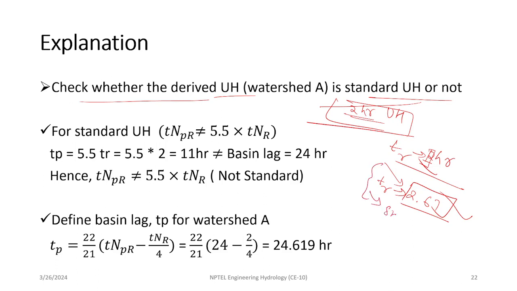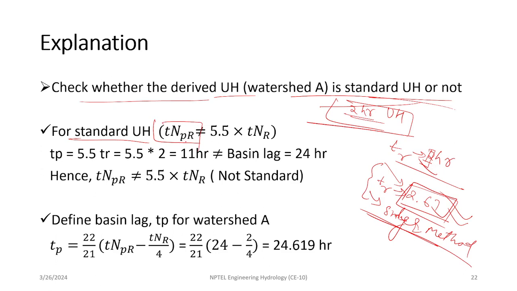This is for the Snyder method I am talking about. So in order to avoid this kind of disparity, we first have to check whether this unit hydrograph is standardized or not. For checking the standardization, we have to follow this T of PR.